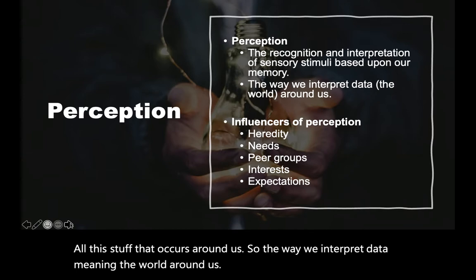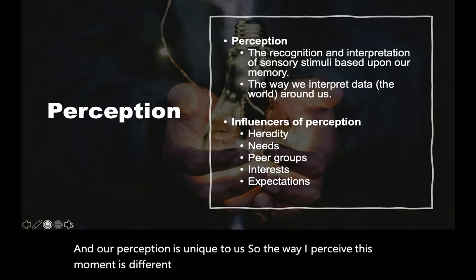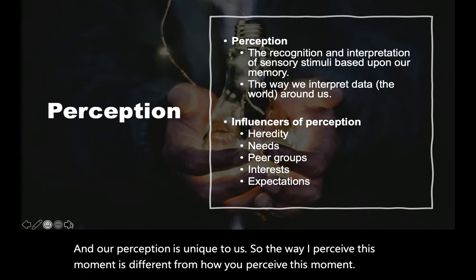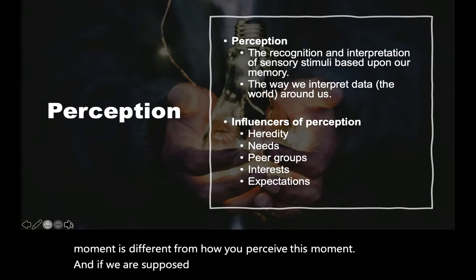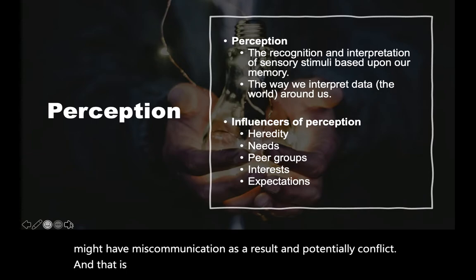And our perception is unique to us. So the way I perceive this moment is different from how you perceive this moment. And if we are supposed to agree on it, we might disagree and we might have miscommunication as a result and potentially conflict. And that is really the challenge with our differing perceptions here.